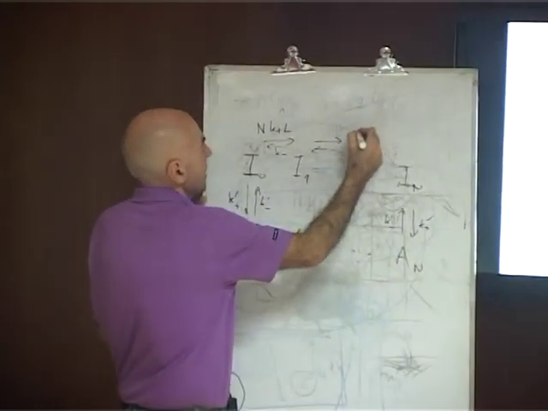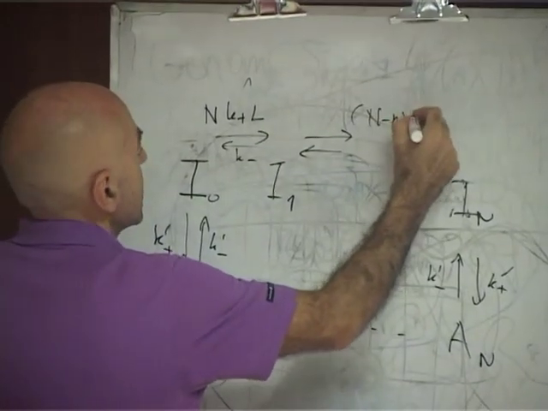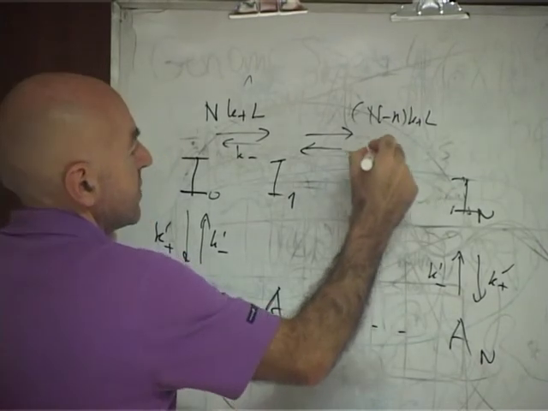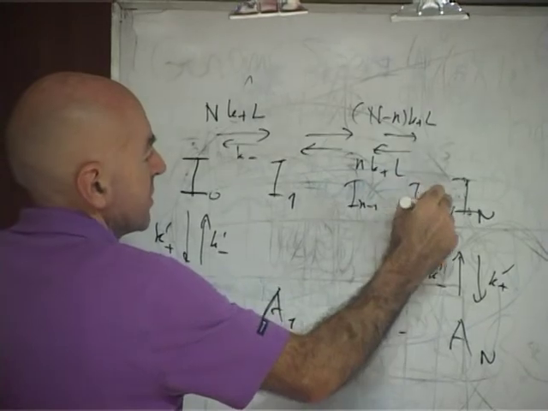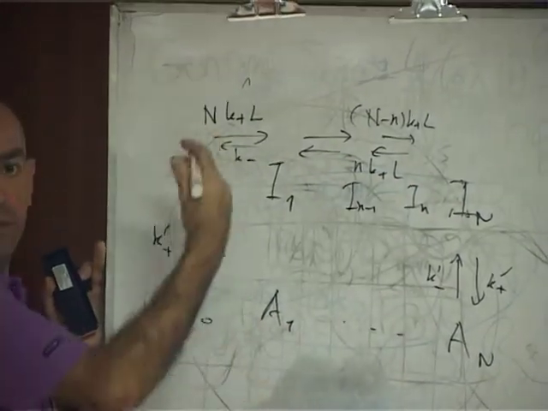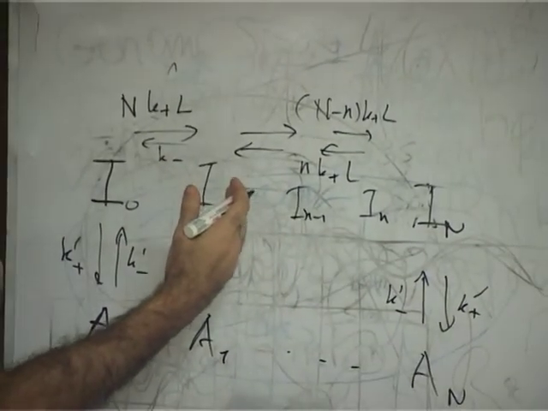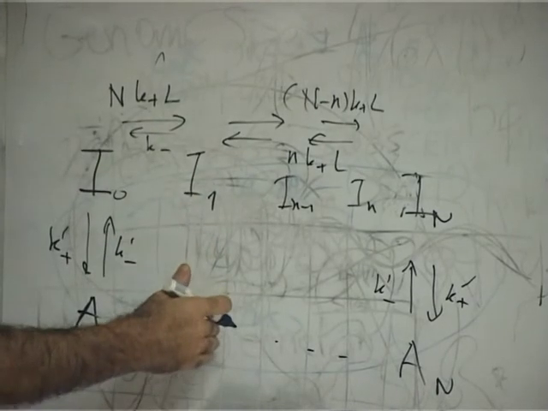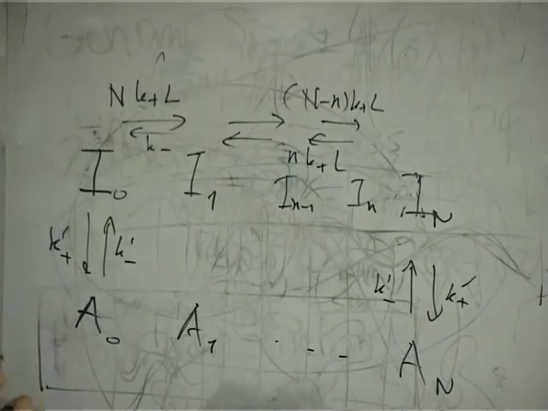So you go on and go forth, and then at any given step you have prefactors such as N minus N, K plus L, and N, K plus L, connecting between I N minus 1 and I N, right? So you have all these sets of reactions, binding, unbinding, accounting for the free sites, and then switching as a whole in an active or inactive state, or relaxed or tense state in the original description of the model.